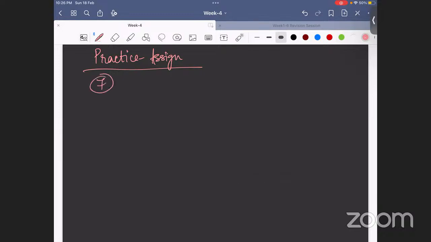Question number 7, right? Let R(x) be the polynomial function obtained as the remainder. So R(x) is a remainder function after dividing this.